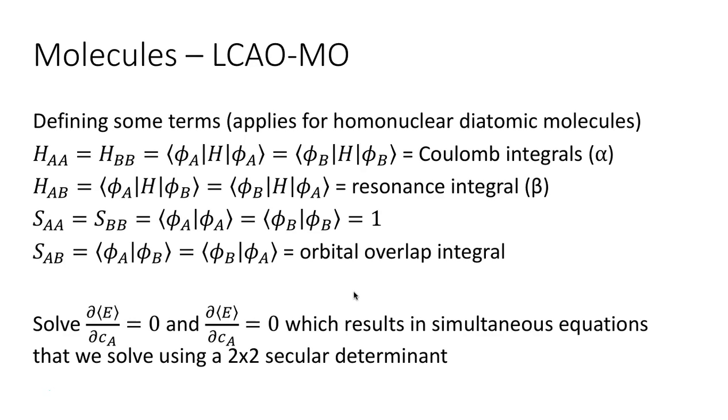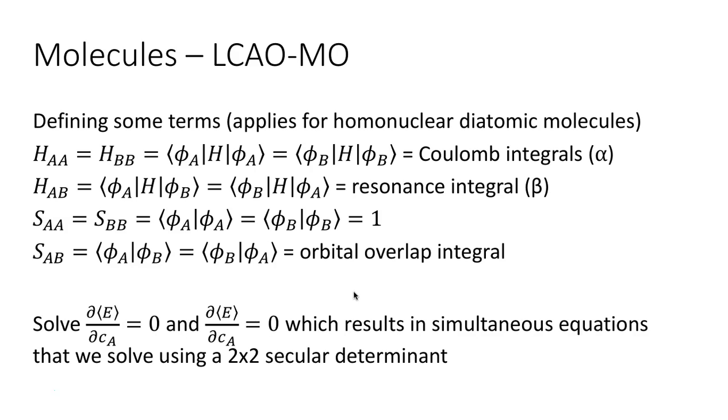I do want to define some terms. When we evaluate the Hamiltonian expectation value with the hydrogen wave functions on one hydrogen atom, it's phi A and phi A, just solving the Hamiltonian on that atom, and then likewise on the other atom.